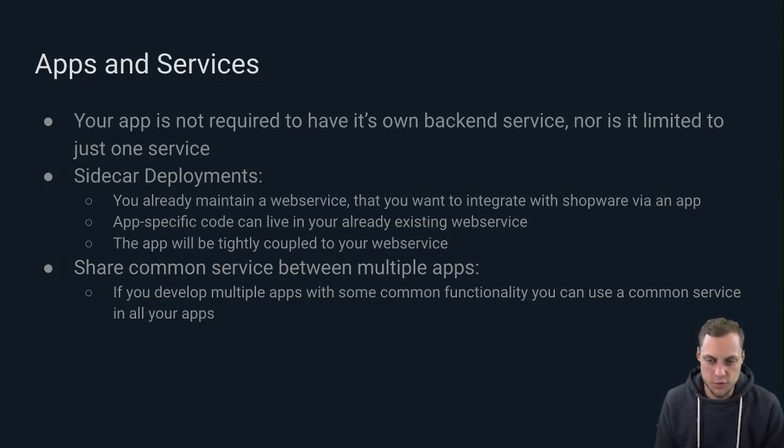For example, if you are already a company with a software product yourself, let's say you offer to print shipping labels because you're a shipping company or you integrate with one, then you don't have to write a completely new backend.